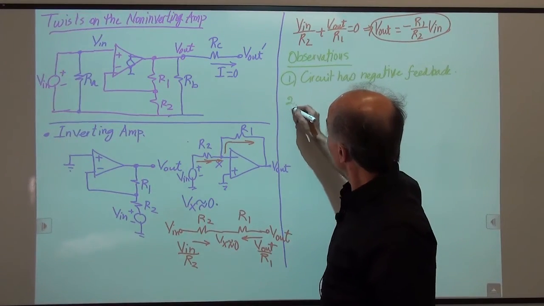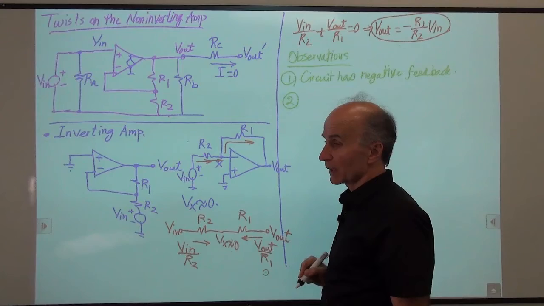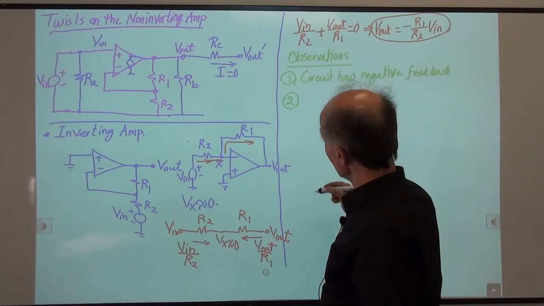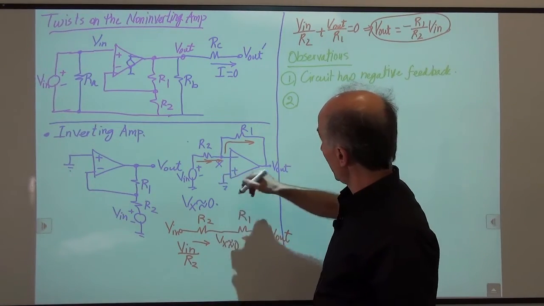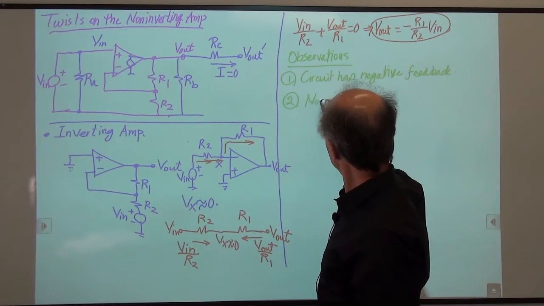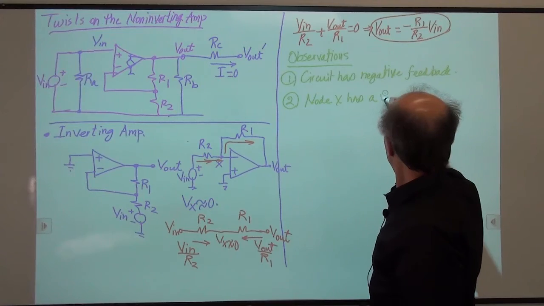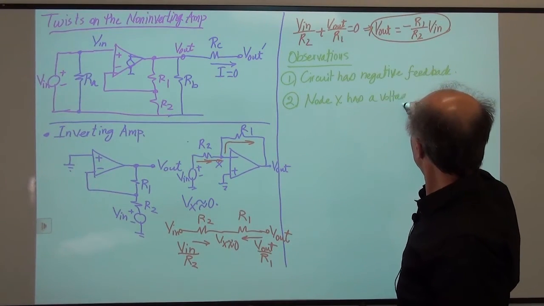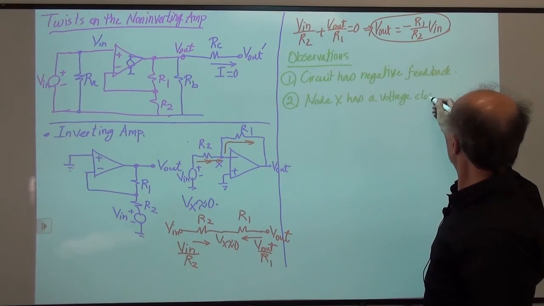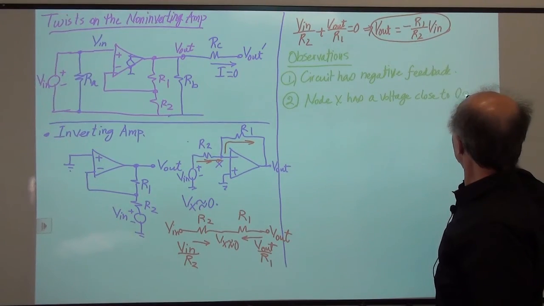Okay, the next point about the circuit is that Vx, node X, has a voltage close to 0.